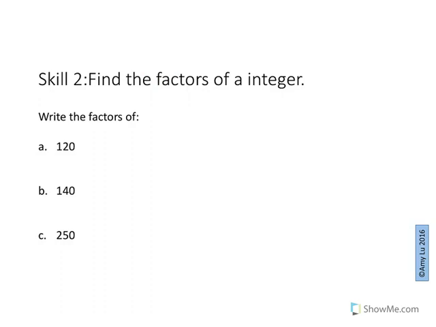So if we work it out, here are all the factors that you could have worked out with any method that you chose. For 120, you have factors of 1 times 120, 2 times 60, 3 times 40, 4 times 30, 5 times 24.